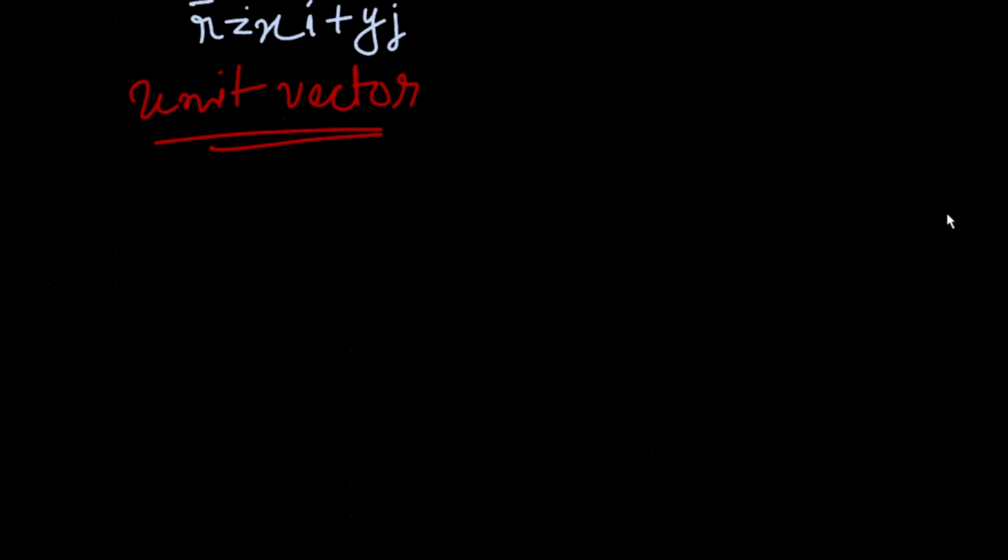But unit vectors, why? Because the magnitude of this i cap is one unit, and the same for j cap, k cap, r cap, theta cap, whatever you say. So this is why it is unit. Unit means 1, so its magnitude is 1, and so we take the direction.